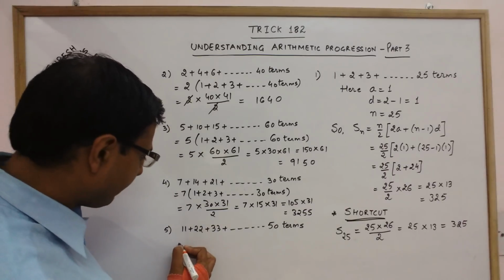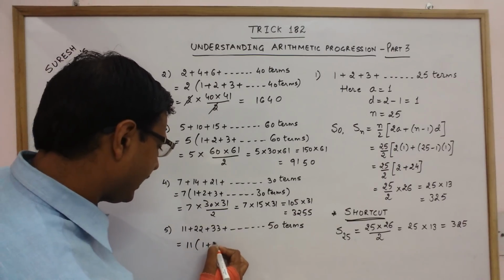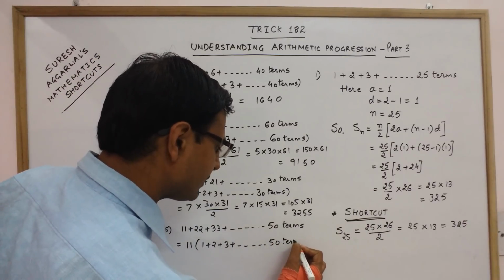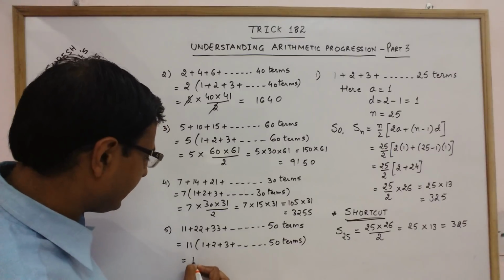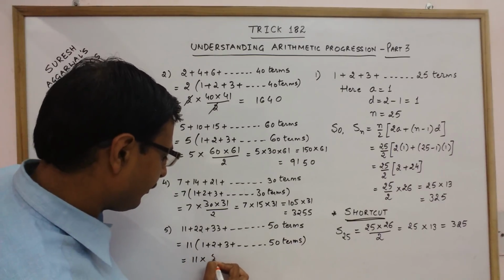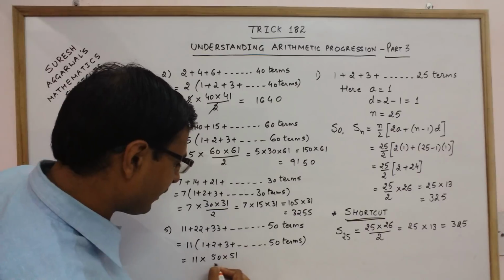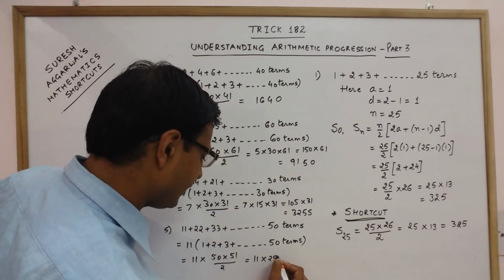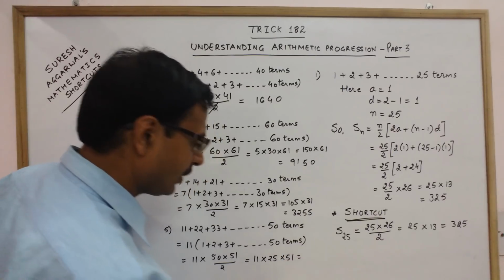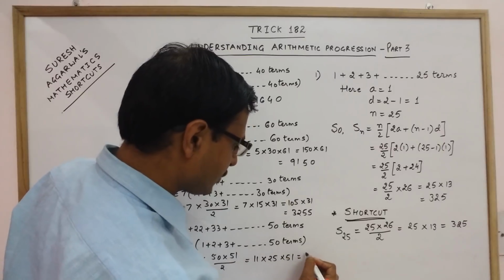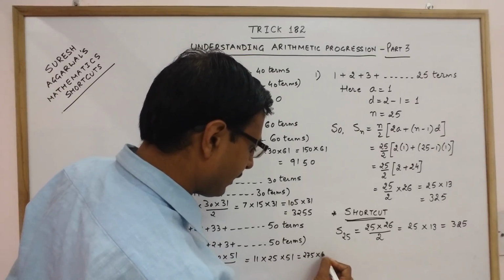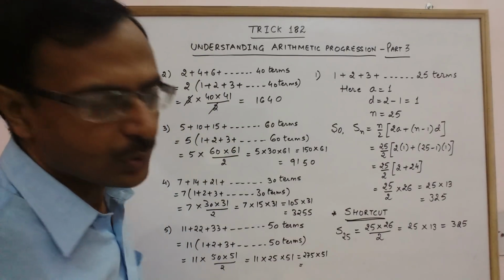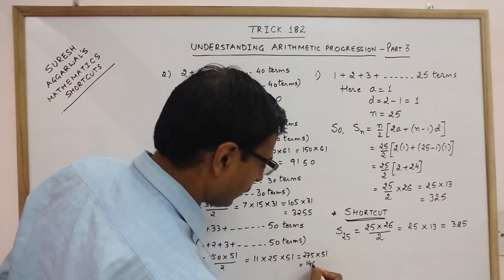Finally, multiples of 11, say take 11 common, so you again get the series of natural numbers, and this time we require 50 terms. So this will be 11 into 50 into next consecutive 51 upon 2. So 11 into 25 into 51. Now 25 into 11 is 275 into 51, and here you get your final answer as 14025.